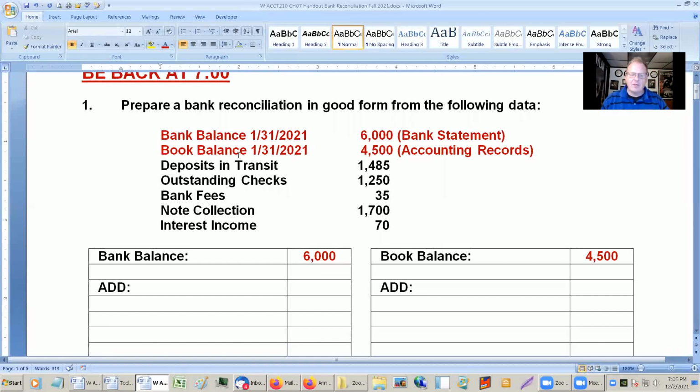Okay, deposits in transit. It's kind of a funny term because transit sounds funny, but these are deposits that are made near the end of the month.